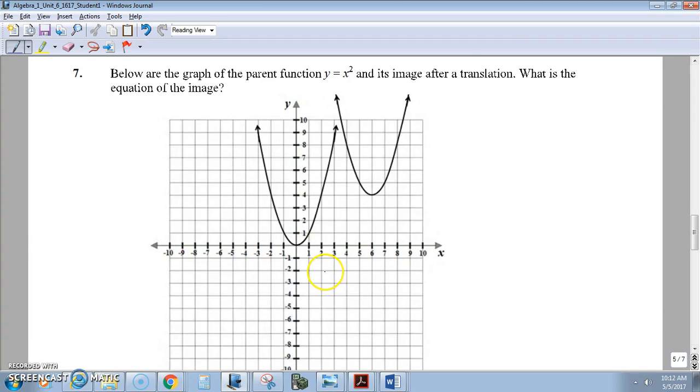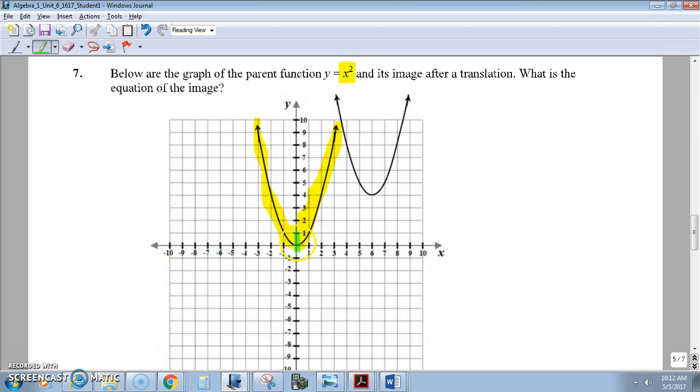This one, below are the graph and the parent function for y equals x squared. Here's the parent function. It has your vertex right in the middle. Okay. What is the equation of the image? So what has happened to this one? Let's see.